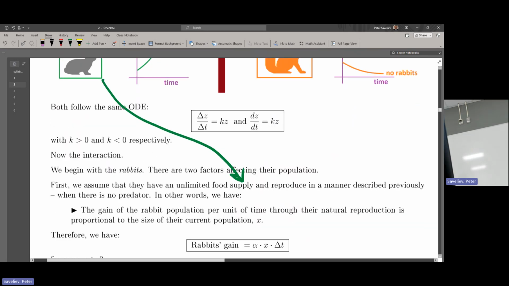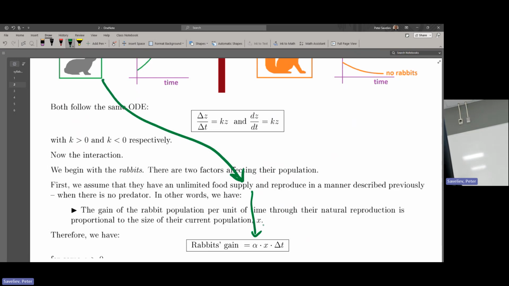That's the component to the rabbits' gain, and that's their only gain. They eat grass, presumably, and there's enough grass there, so that's the model that we have written before. So alpha is some coefficient, maybe large, maybe small, depending on how well they live, multiplied by the current population and the length of time.